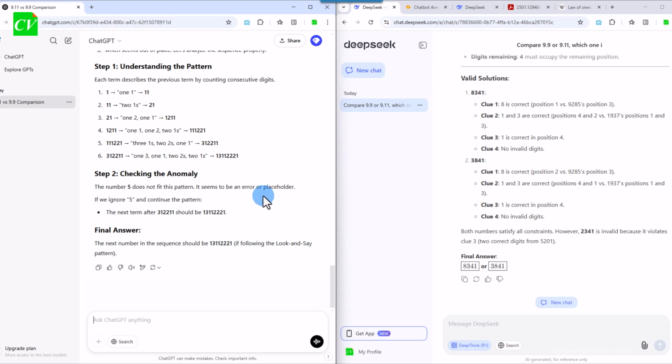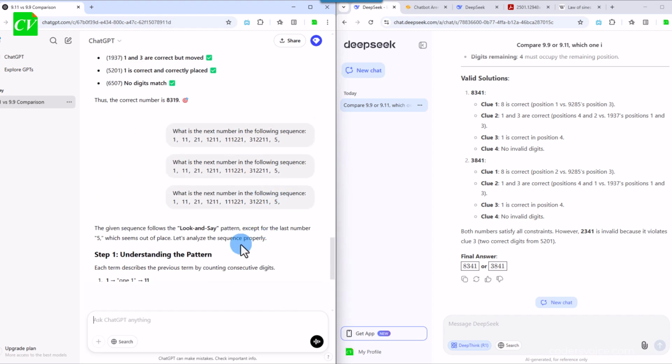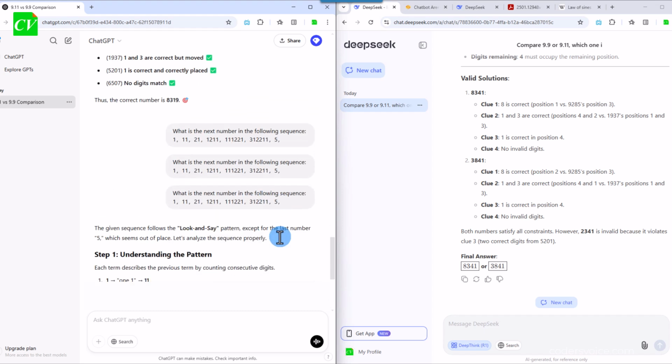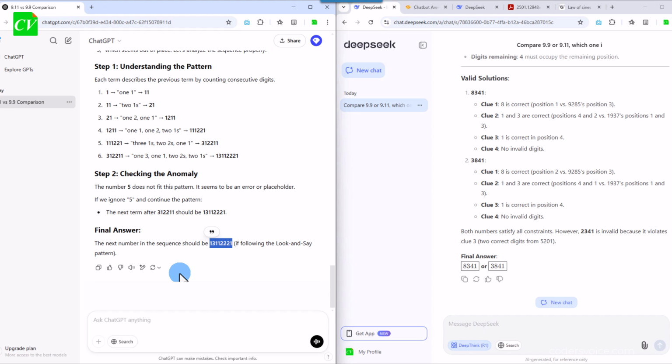So ChatGPT just excludes the number 5, and it said that it doesn't fit this pattern, and it also gives the pattern if not considering the number 5. Well, you cannot say that this answer is wrong, but this is not a satisfactory answer.